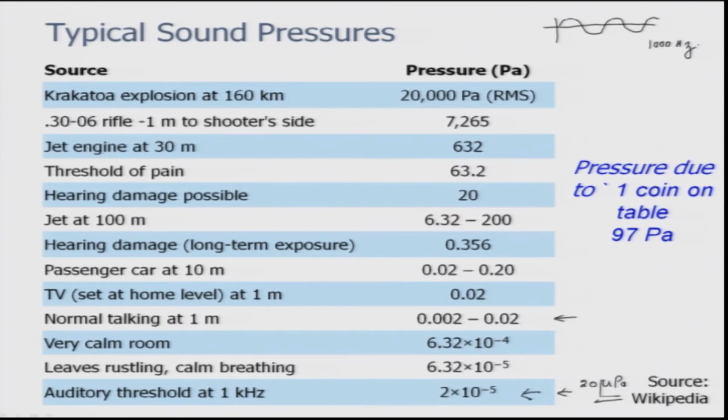So the minimum pressure is 20 micropascals. Here we are talking about 2 into 10 to the power of minus 3 pascals to 2 into 10 to the power of minus 2 pascals.